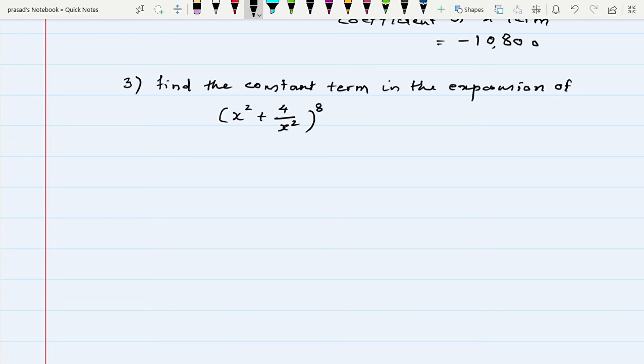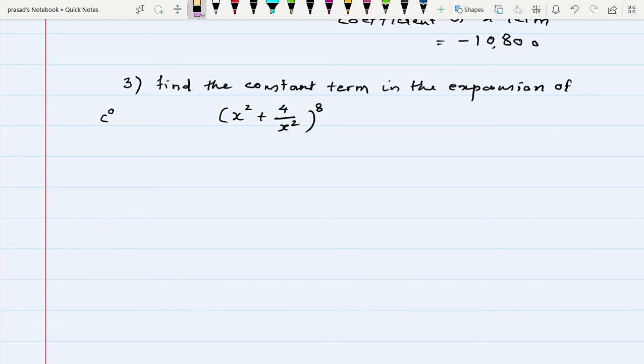Constant term. Now 3 is a constant. For example, in an expansion, suppose the term is 3. I can write it as 3 into x to power 0. That means if there is a constant term in the expansion, then for that term, the power of the variable will be 0.